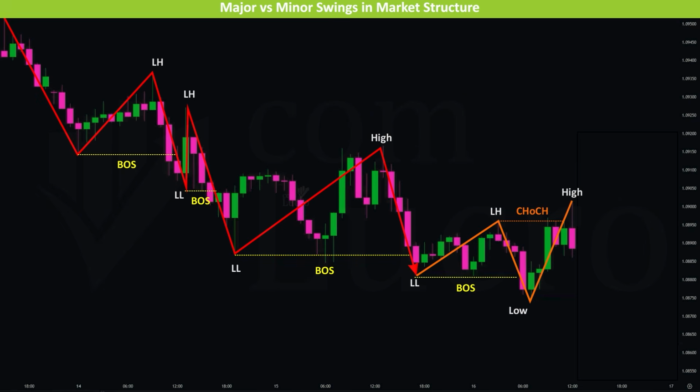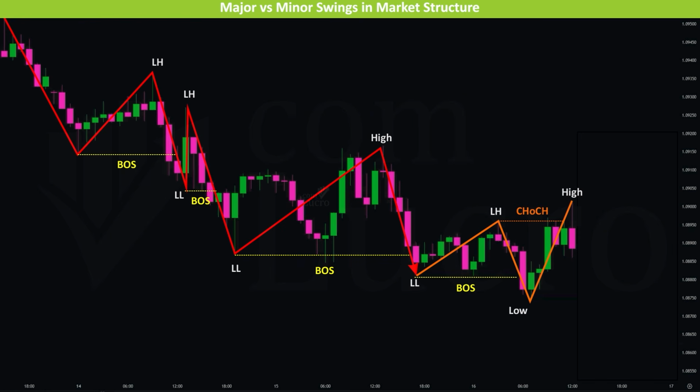In this example, we have a change of character defined by 2 clear wicks breaking above the last major swing high. However, it is important to emphasize that a change of character is only considered valid when either 2 or more wicks clearly exceed that level, or when a candle decisively closes beyond it. Then a break of structure must occur after this condition is met, confirming that the previous bearish structure has been invalidated.